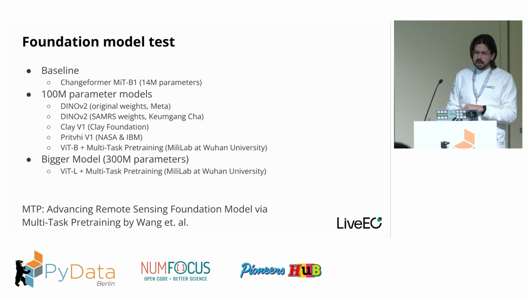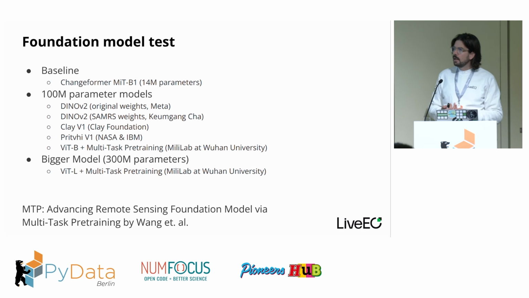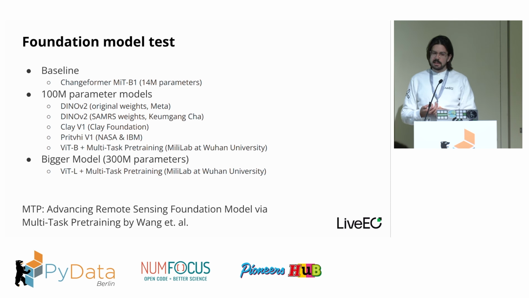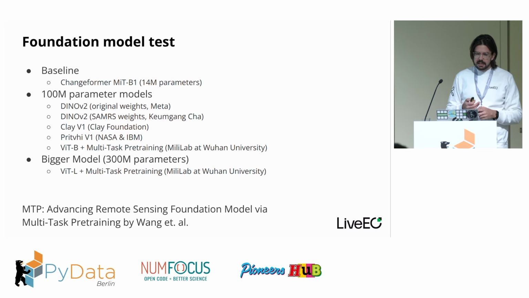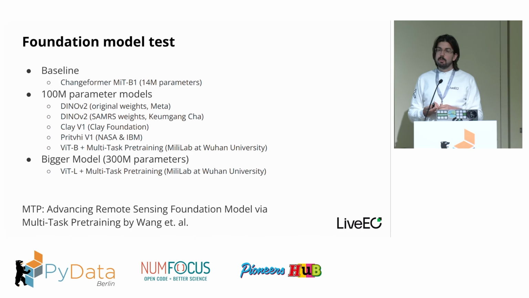We used Clay V1, the Clay model trained by the Clay Foundation. This was trained on high and low resolution remote sensing imagery. They now have V2 out, I believe. Prithvi V1, which was trained by NASA and IBM on a lot of lower resolution, so higher ground sampling distance, geospatial imagery.